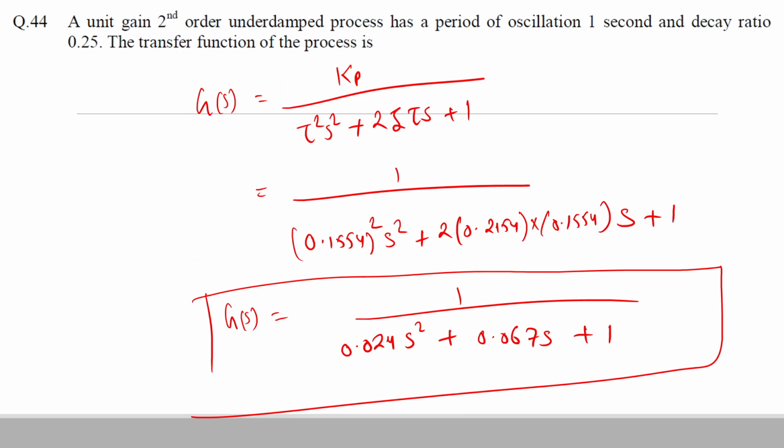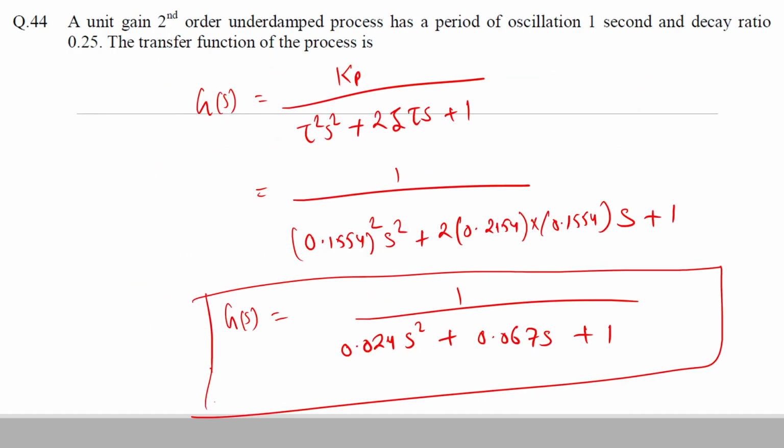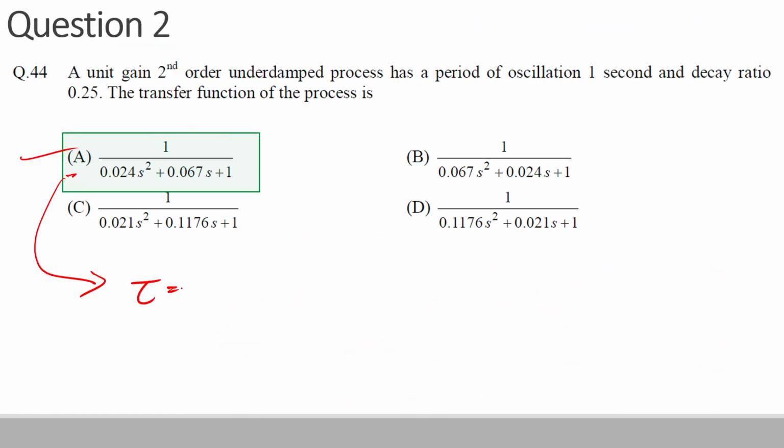And you can replace it in this equation in order to find the transfer function. That is, option A was the correct one, and this is obtained by using the value of tau as 0.1554 and the value of zeta as 0.2154.